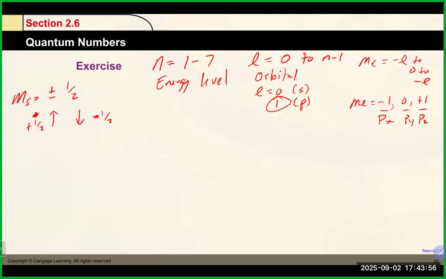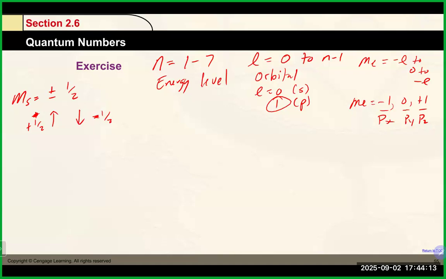The more you know about how it's moving, the less you know about its location, and vice versa. So the best we can do is get these probability maps.